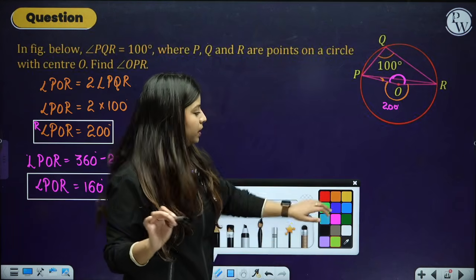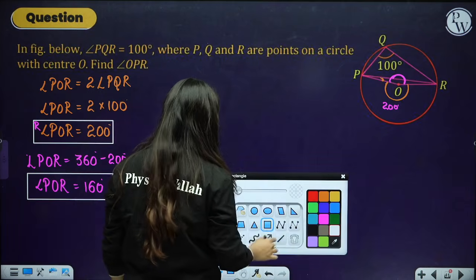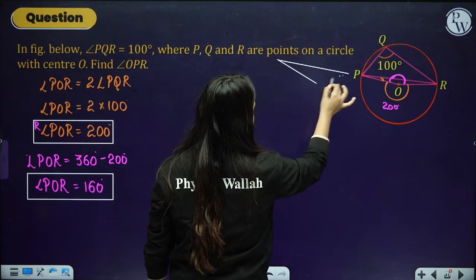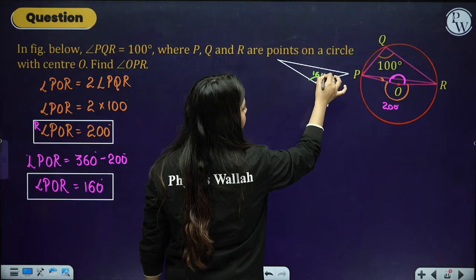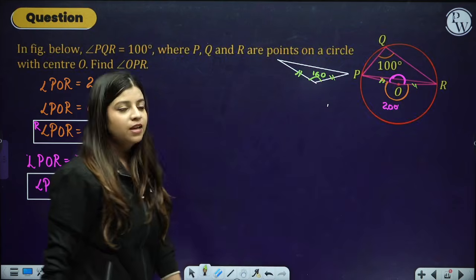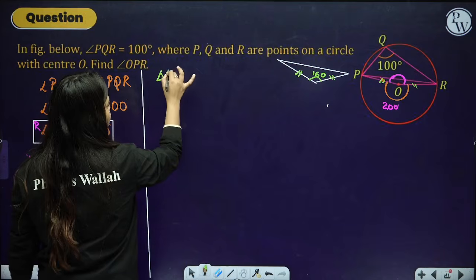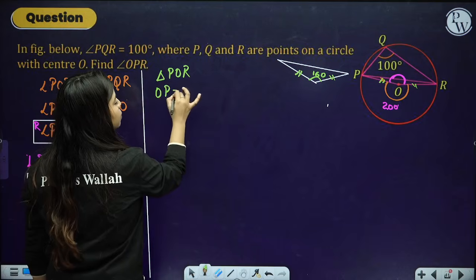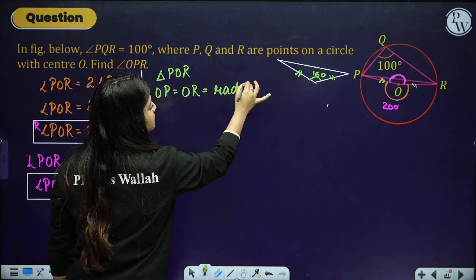Now, the third part is in triangle POR. This triangle looks very small, so if I draw it more elaborately, it goes like this. This angle is 160 degrees. This side is equal to this side because both of them are radii of the circle. So in triangle POR, OP is equal to OR because they are the radii of the same circle.